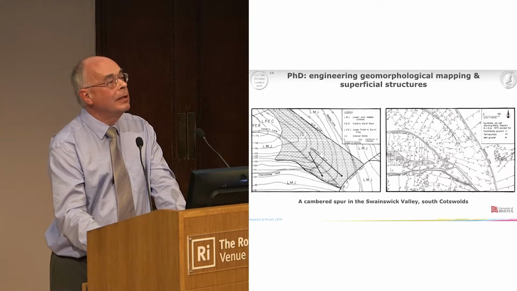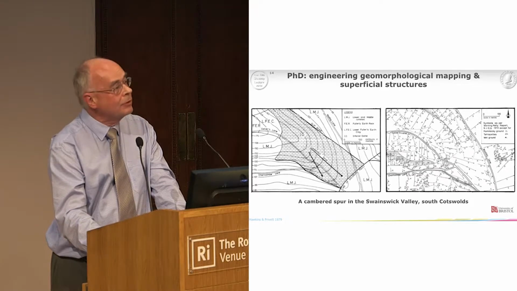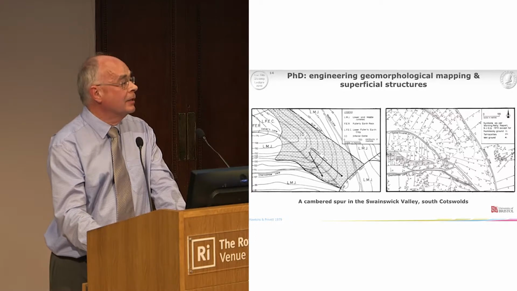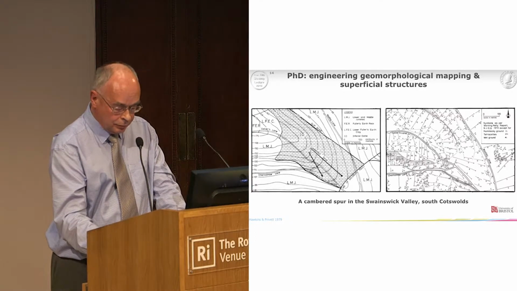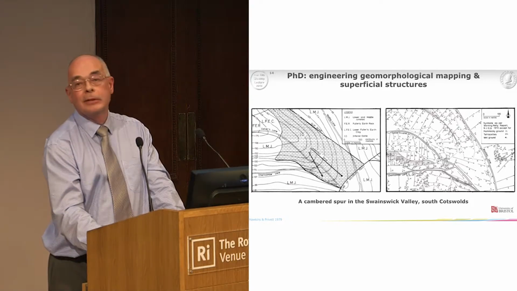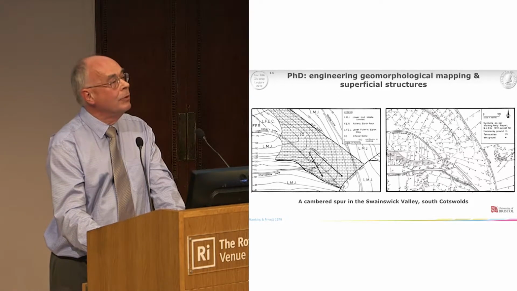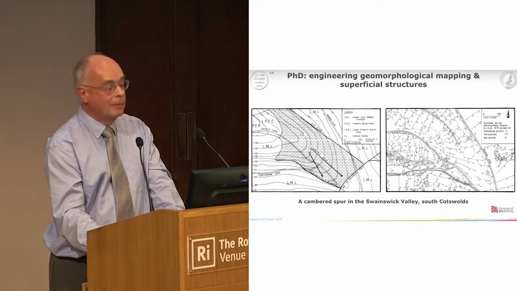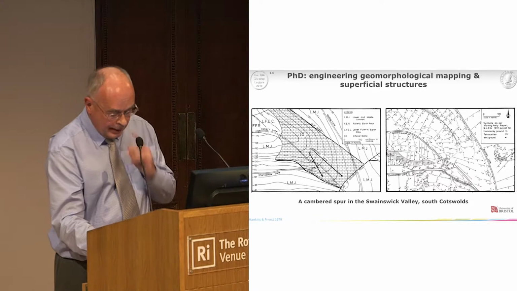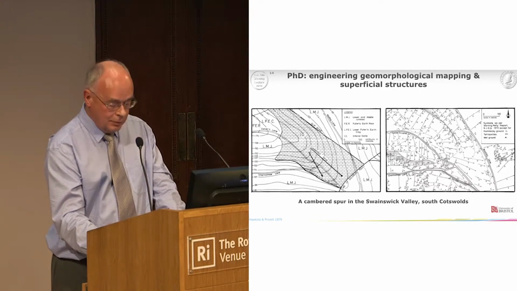And I was one of the early adopters who used it to look at superficial structures, as this example of a cambered spur in the Swainswick Valley in the South Cotswolds. Now, this started as a Brian Hawkins consultancy project, looking at the A46 rerouting, and it rapidly became a larger research project for me. Now, I'm going to be returning to this locality towards the end of the talk.